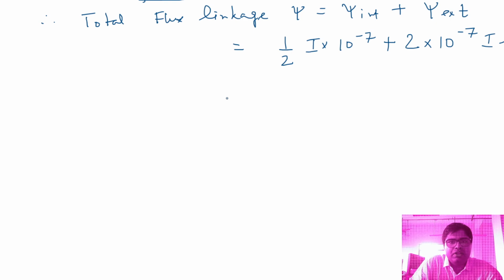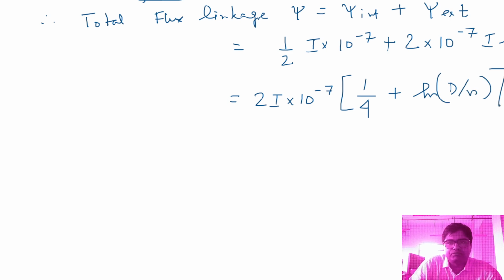With that we take 2I into 10 to the power minus 7 common. So we have first term as 1 by 4 and second term is ln d by r. So 1 by 4 can be written as ln e to the power 1 by 4 plus ln d by r.